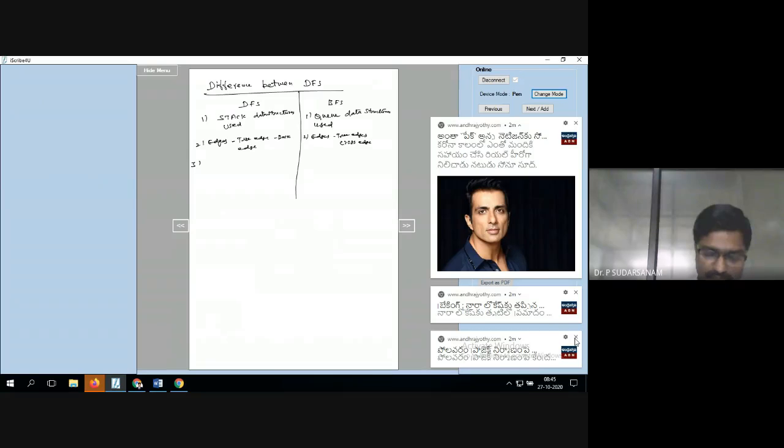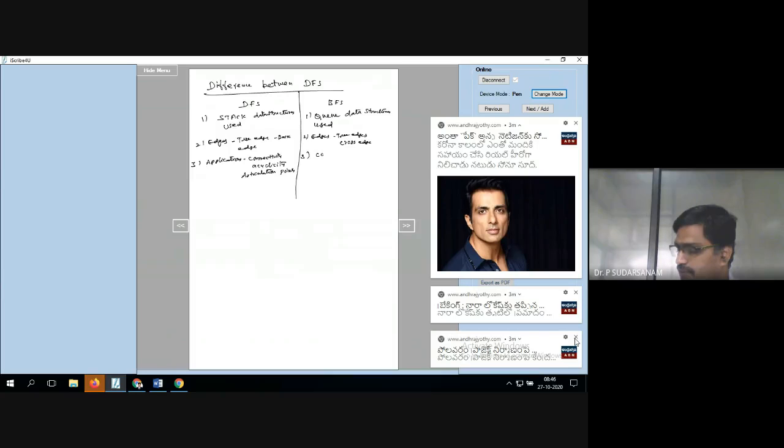And we'll go for the third one, applications. Here it is connectivity, acyclicity, articulation points.